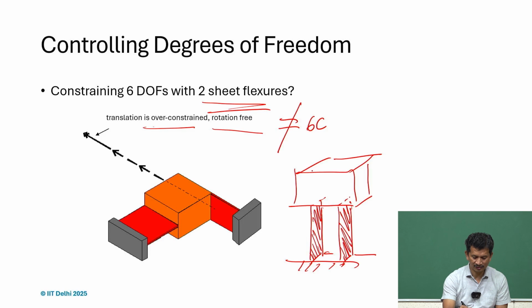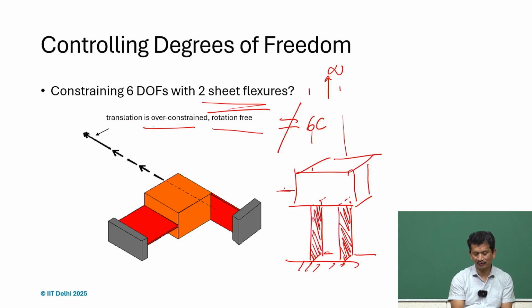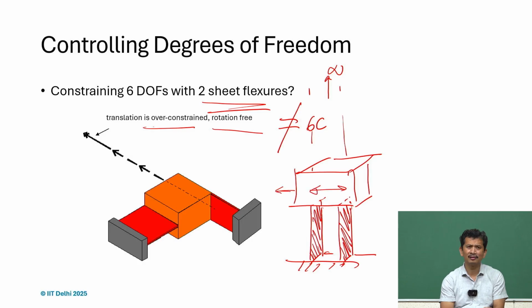I think we can just extend them, and wherever these two planes intersect, there will be rotation. What we realize is that when they are parallel, the intersection is going towards infinity, and if you rotate along that axis, what we get is translation. So, we will get a straight guidance system.